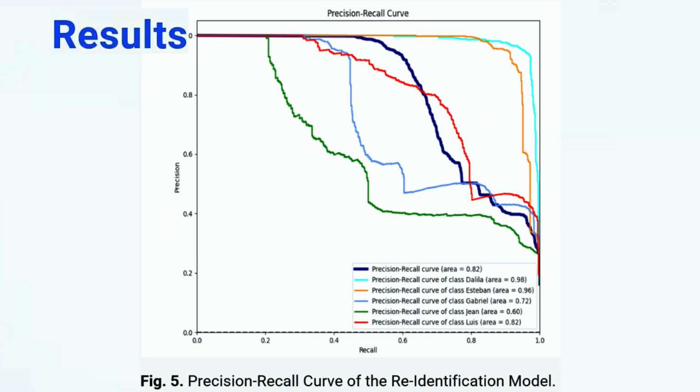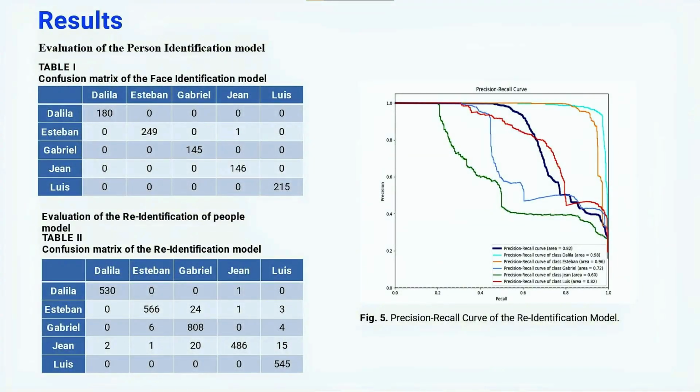The results reflect an accuracy of 69.50%, a recall of 73.66%, and an F1 score of 68.80%, indicating moderate performance. Although Dalila and Esteban were identified with few errors, Jean, Luis, and Gabriel presented high confusion among themselves. This highlights the need to improve the model to reduce errors in the re-identification of individuals with similar body characteristics.